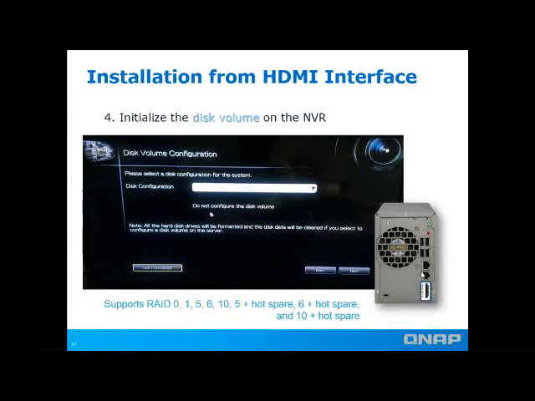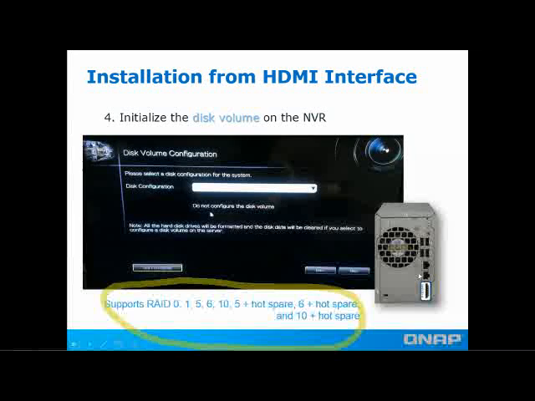Depending on how many hard drives you put inside the system by this time, you can choose different RAID modes that I'm highlighting. The default RAID modes are RAID 1 and RAID 5. But if you want more protection, we have other RAID modes that you can choose.